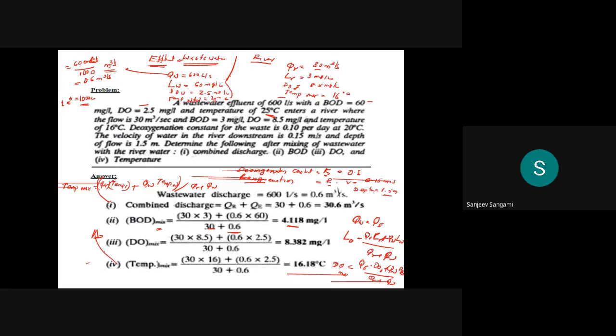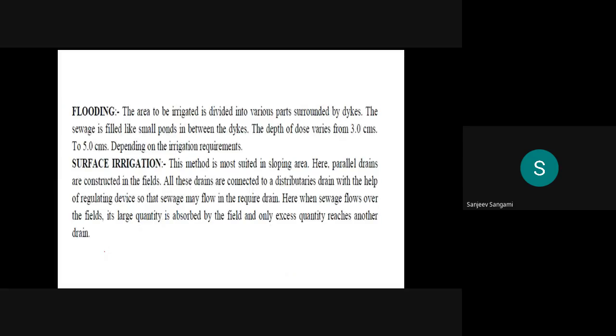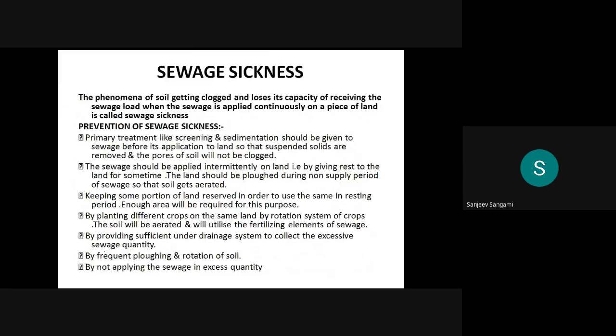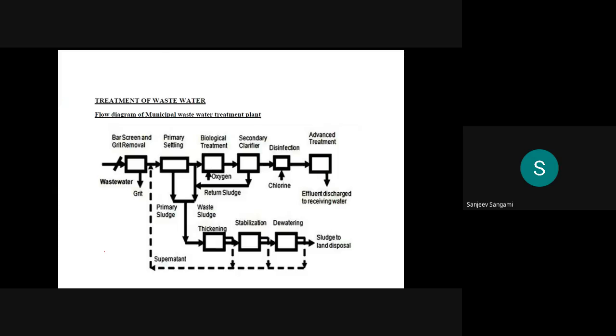This is one problem. The remaining related to the sewage, we will discuss in the next class, the sewage thickness and the state of health equation. And later also we'll discuss, next we'll go ahead with the treatment of wastewater.